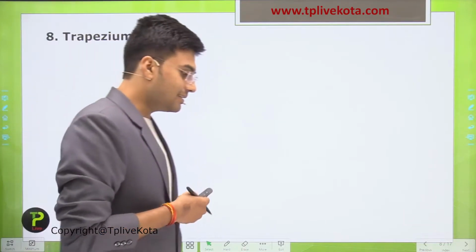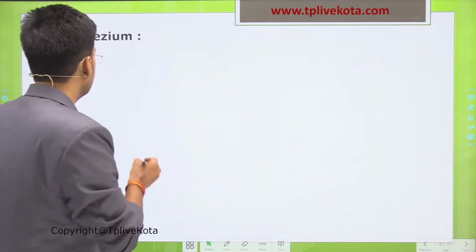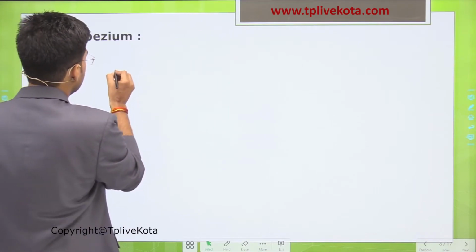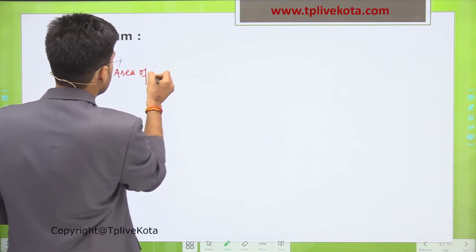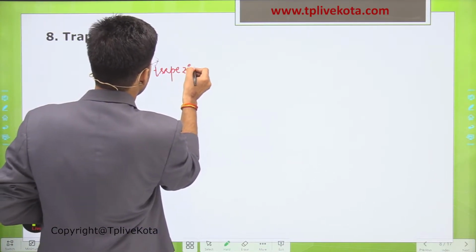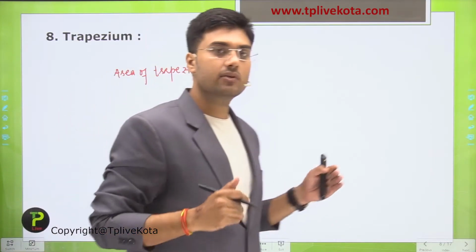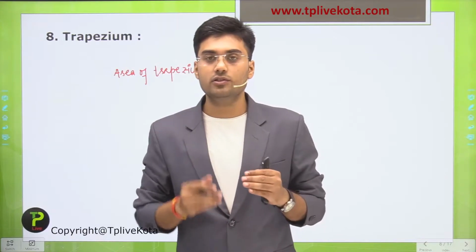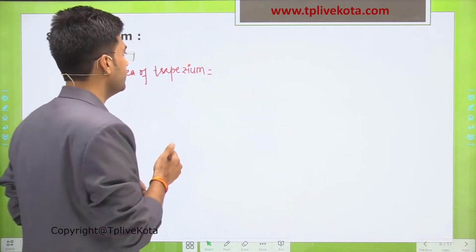Now let's discuss the formula for the area of a trapezium. We know that a trapezium is a quadrilateral in which one pair of opposite sides is parallel. So what is the area of a trapezium?